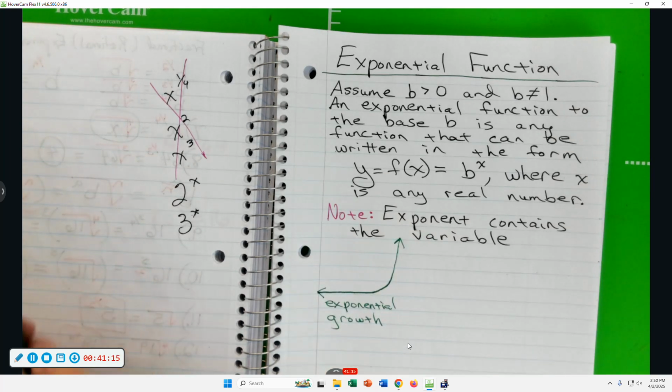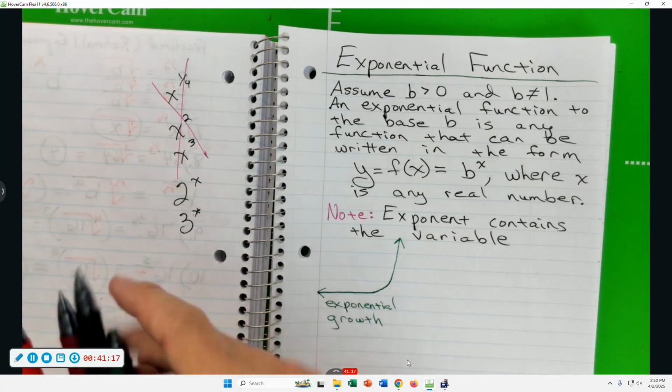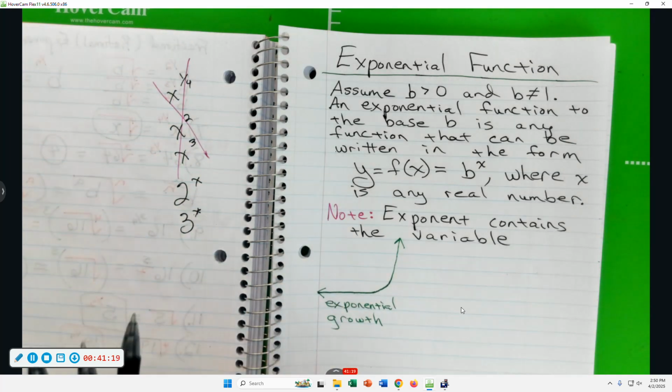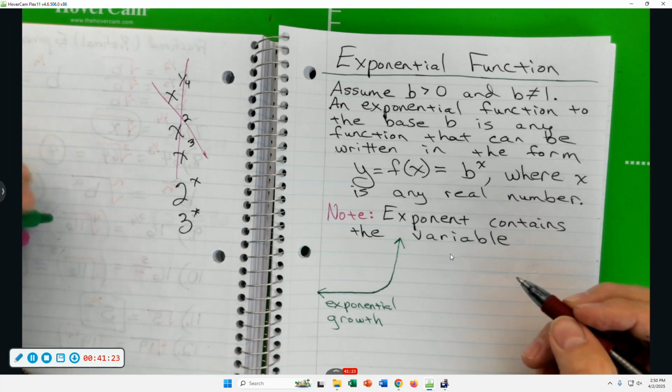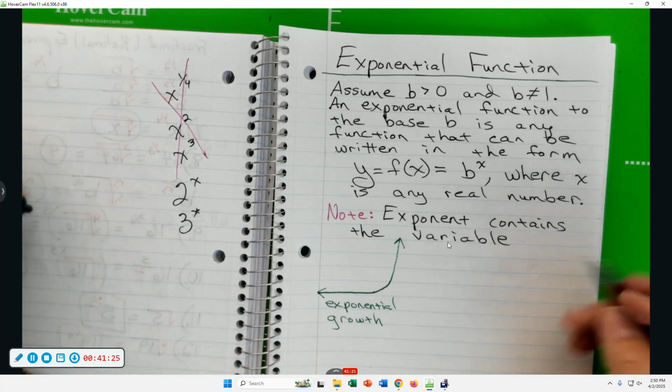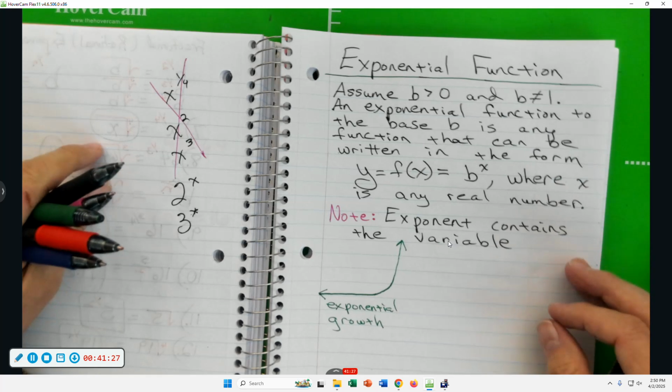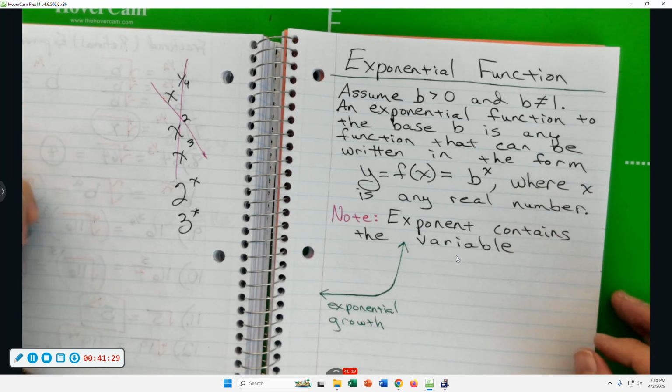The other possibility is exponential decay. I'm thinking of maybe a radioactive isotope, Chernobyl over there in the Ukraine. That radiation there, it's decaying, but it's decaying slowly.